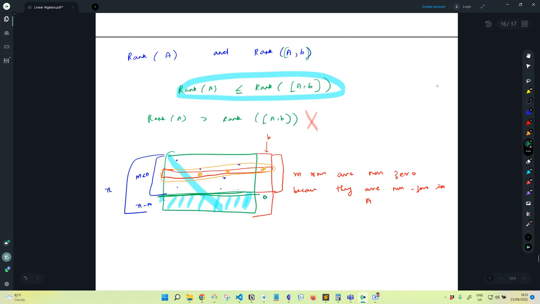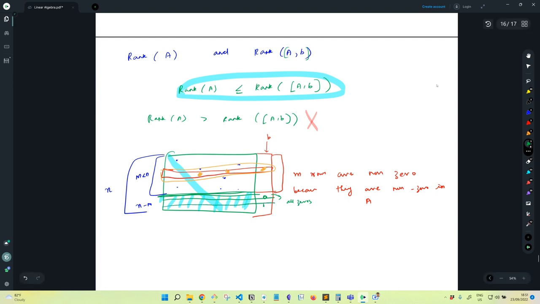If the appended entry is zero, then because all these entries are zero, this row will also be an all-zero row. But in the new column, let's say you append a non-zero entry.